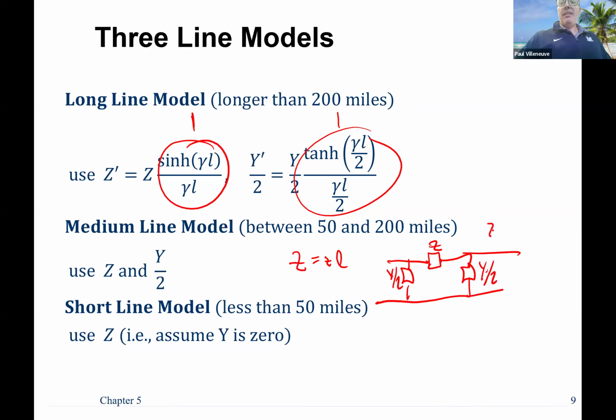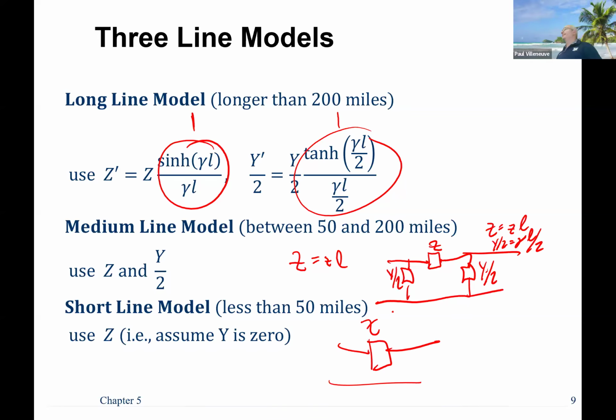For the medium line, where z is lowercase z times L, and y over 2 is y L over 2. No hyperbolic sines and cosines. If I use a short line, that's all I need. I don't need any admittance terms. Takes all the difficulty out of it, simplifies it dramatically.